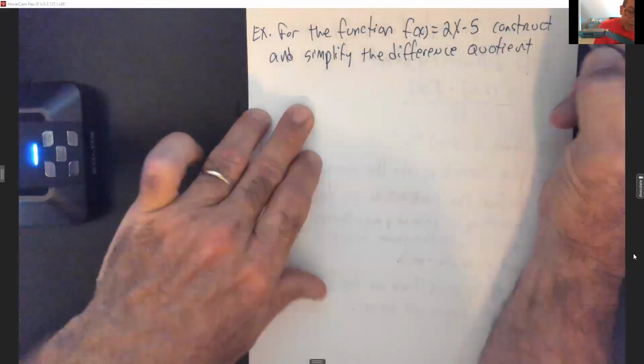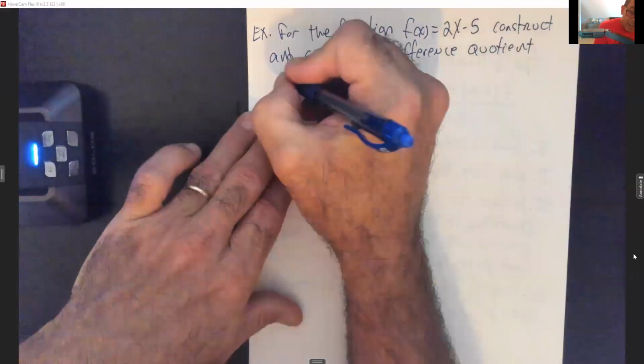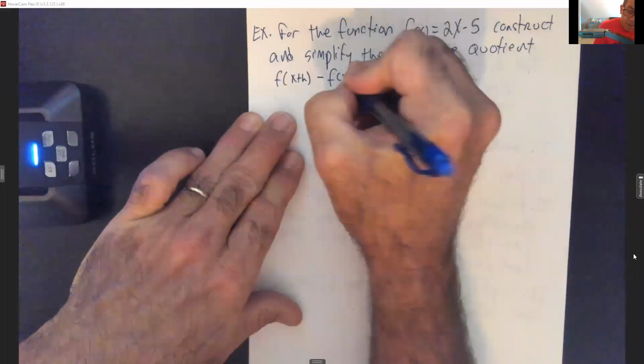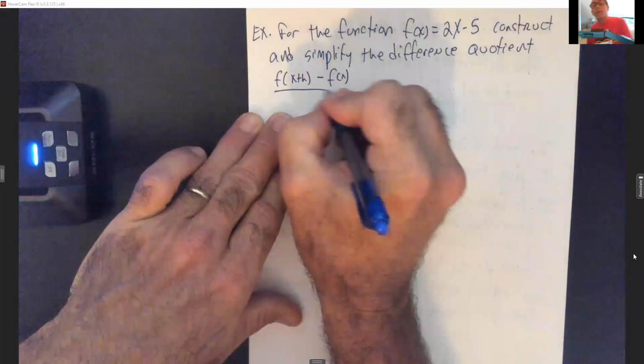And they'll give it to us. It's f of x plus h minus f of x all over h.